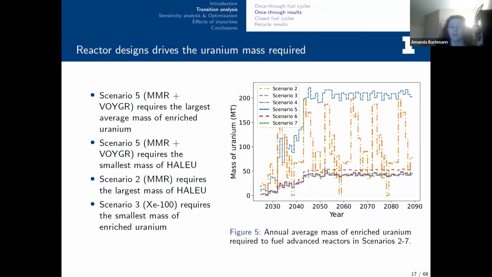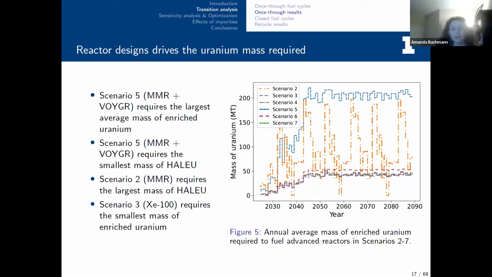The Voyager is less than 5% enrichment. And because of how that greedy algorithm works, with the Voyager having the larger power output between the MMR and the Voyager, we're mostly deploying Voyagers, which means that we don't really need that much HALEU in this scenario, because most of the fuel is just going towards the Voyagers. And so we see that scenario 5 actually requires the least amount of HALEU of any of these scenarios.